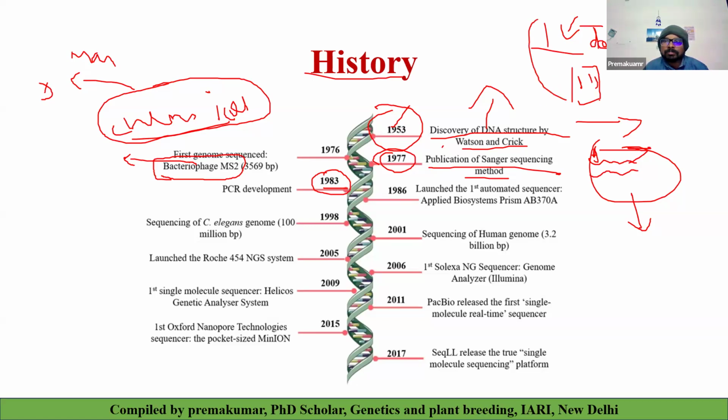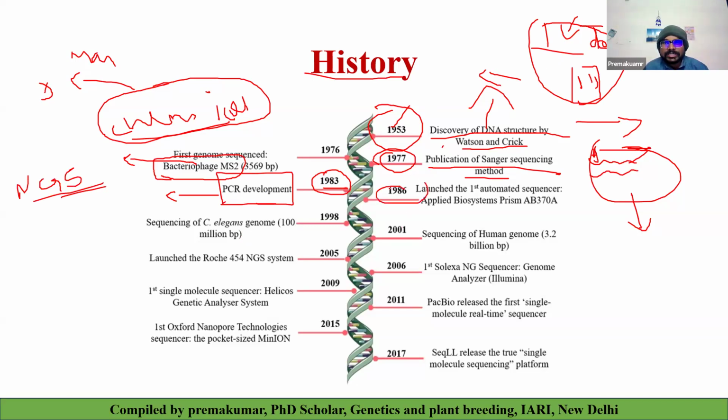But it was so laborious and time taking. But soon after the discovery of PCR, even Sanger sequencing became automated. And PCR also led to the development of today's NGS sequencing.